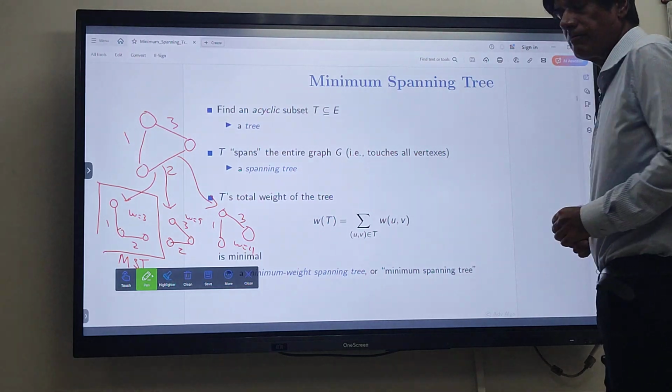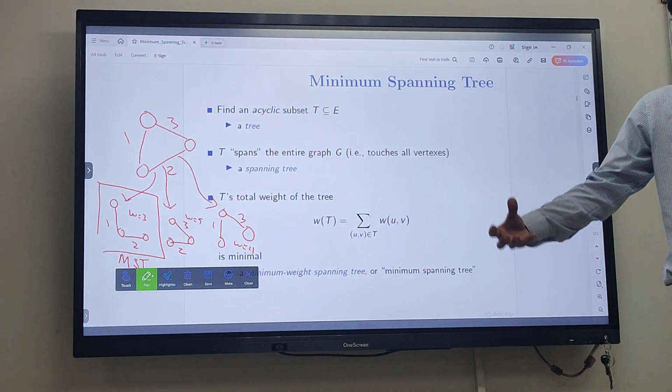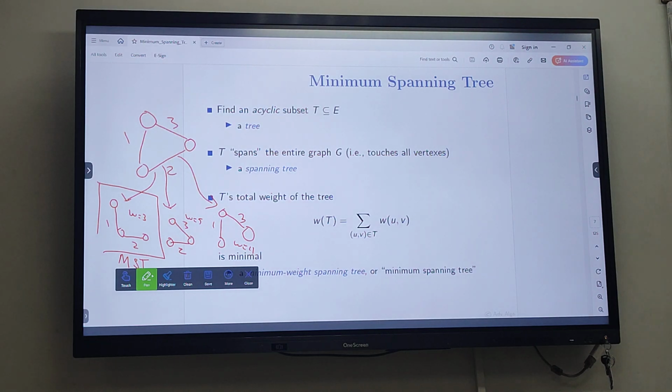Is there any formula to calculate the number of possible spanning trees? No, it depends on the graph. But it's exponential in a very connected graph, where each vertex is connected to almost every other vertex.